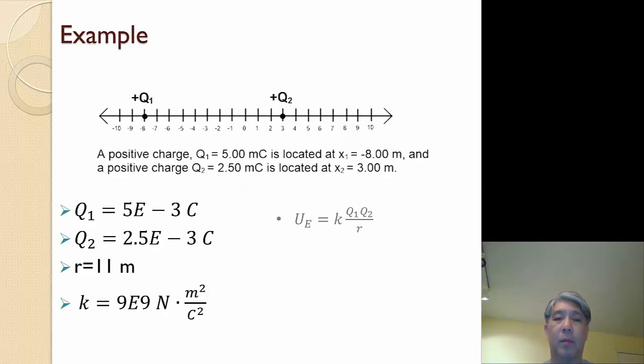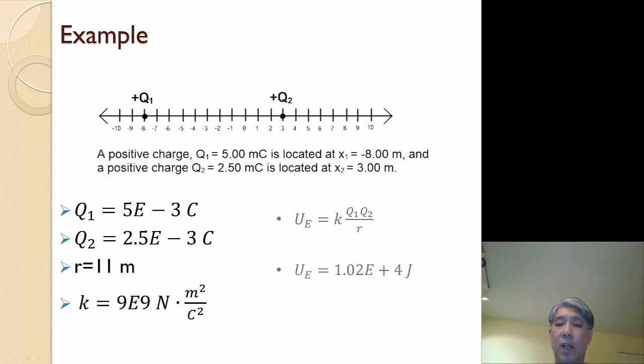So here's an example of a problem. I have two charges, and I put them on the number line just so I have a distance between them. I could simply tell you the distance, but I just put them on a number line. So I have a 5 millicoulomb charge and a 2.5 millicoulomb charge, separated by 11 meters in this case. To calculate the potential energy, I just plug it into the formula, which is kQq over r.